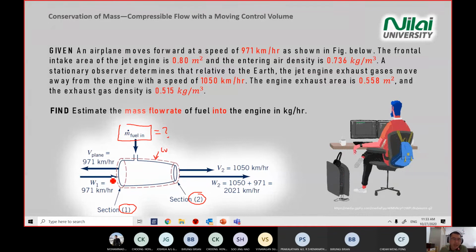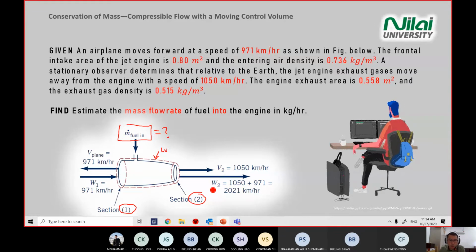You focus on the air. The air is going to suck in. We're going to pull inside the engine with the velocity 971. So the arrow direction will be going in. Imagine you are the air itself. Where do you go when you face the engine? So you're going to suck in. So you're going in. So draw the arrow going in. W1, you write W1 equal to 971 km per hour.